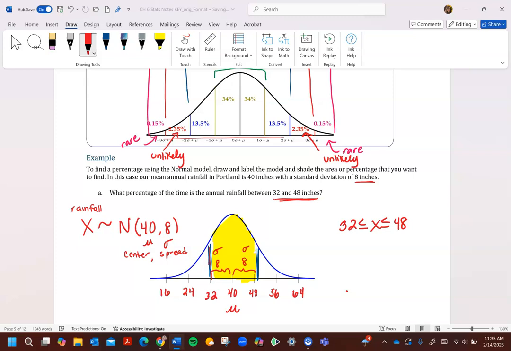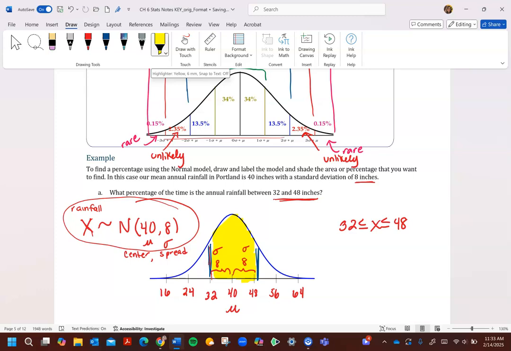For this one, we're asked what percentage of the time is the annual rainfall between 32 and 48 inches. So to write out our data here, we can write X is our random variable for rainfall. We have this symbol here, a tilde.